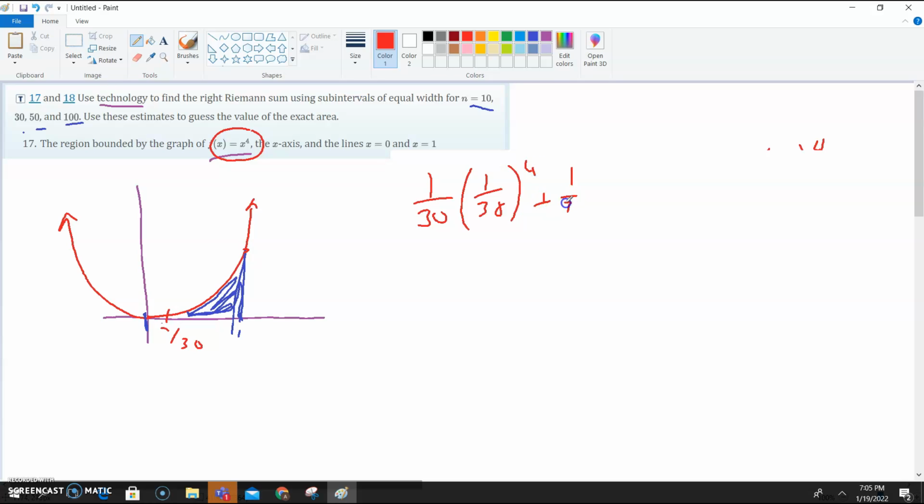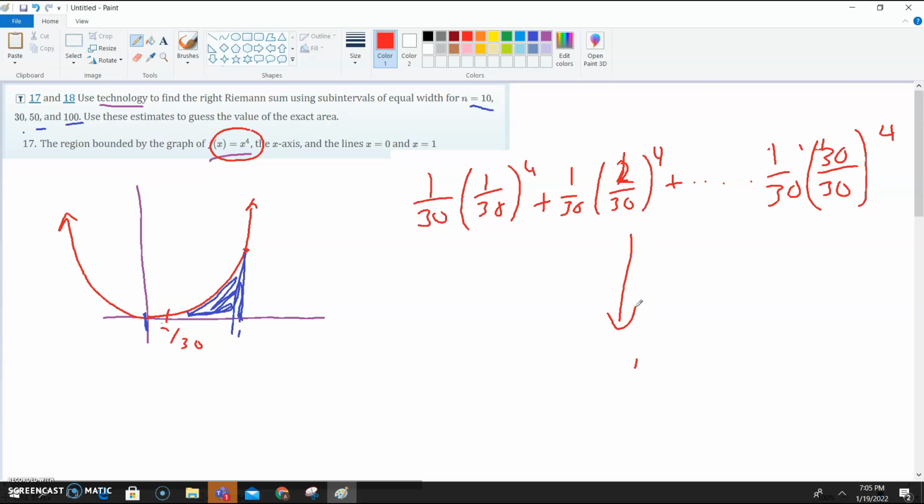Plus 1 over 30 times 2 over 30 to the fourth, plus that, all the way to 1 over 30 times 30 over 30 to the fourth. And then I want you to follow that same process to get your summation notation, and then use Desmos to get your final answer. And that's it.